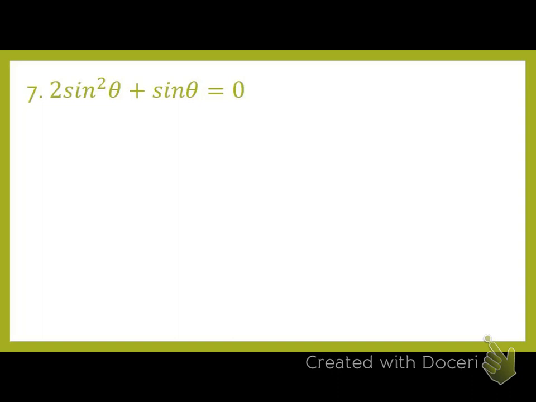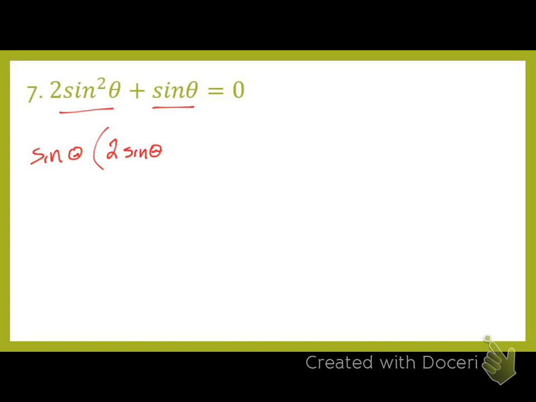And the first thing you always look for is a GCF, and both these terms have a sine in it. So factor out a sine. I pull sine theta out. When I do, in the first term, if you pull a sine theta out, you're going to be left with the sine theta, so 2 sine theta.